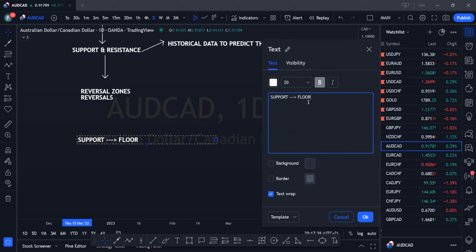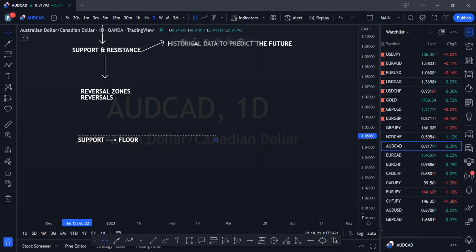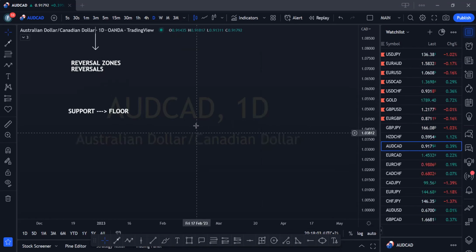Maybe it can penetrate it, and maybe your floor is not strong enough. But ideally, in the foreign exchange market, we say a support is a zone in the market that acts as a floor for price, so that when price gets to that particular zone, we tend to see a reversal. Okay, so let me give that to you visually.